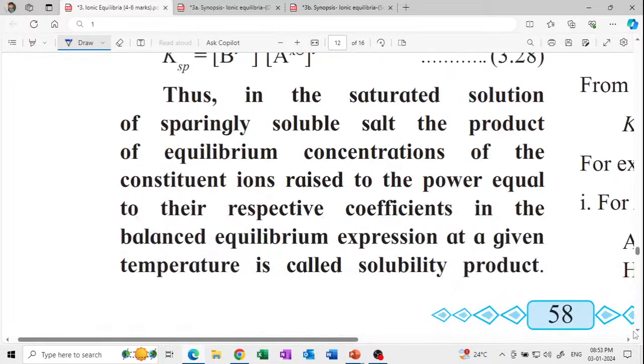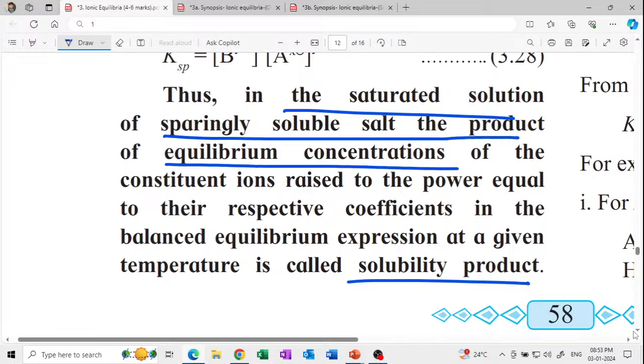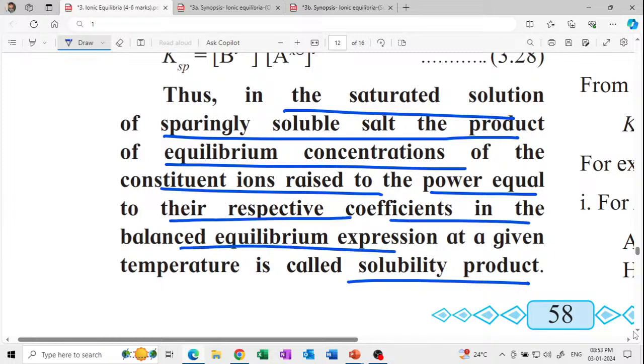This is solubility product definition. Okay, in the saturated solution of the sparingly soluble salt, product of equilibrium concentration of the constituent ion raised to power equal to their respective coefficient in the balanced equation expression. So this is the definition of solubility product.